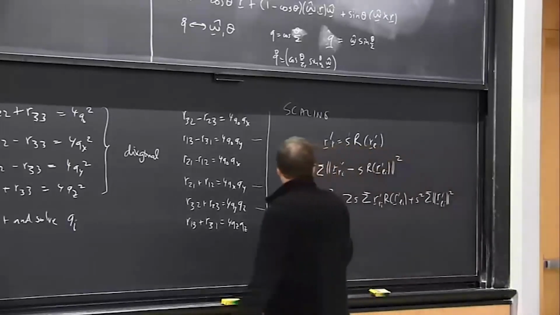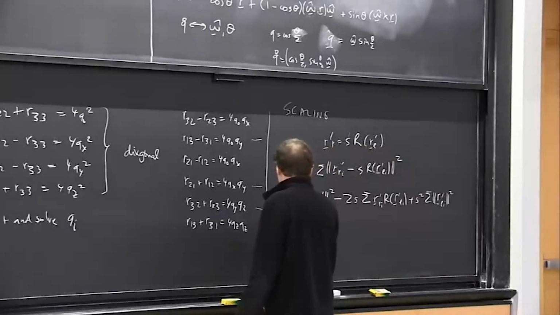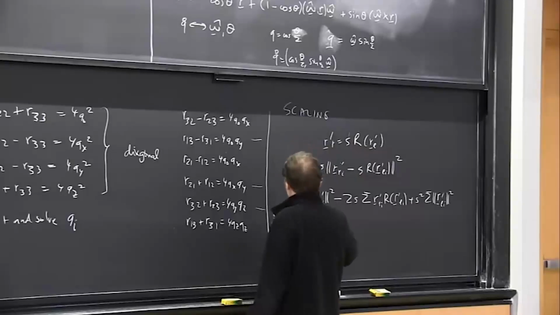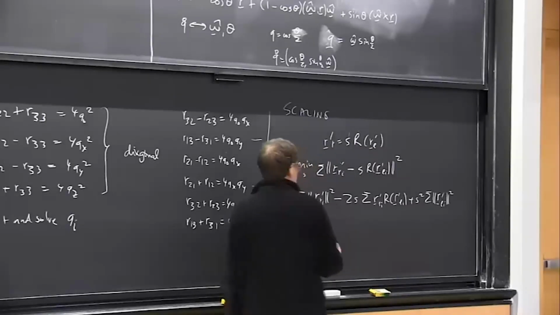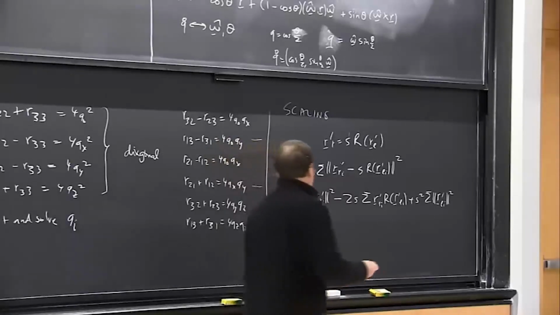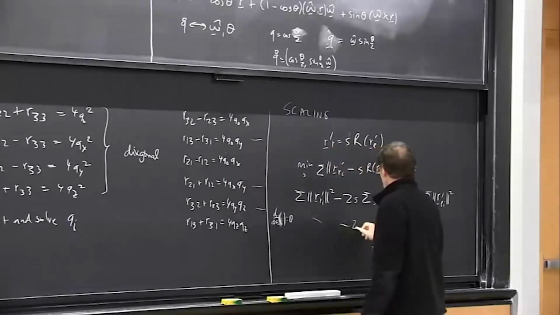And how do we find the optimum? Well, of course, we just differentiate with respect to s. It's particularly easy now. It's just a scalar. And we set the result equal to 0. The first term drops out, and then we get the second term.